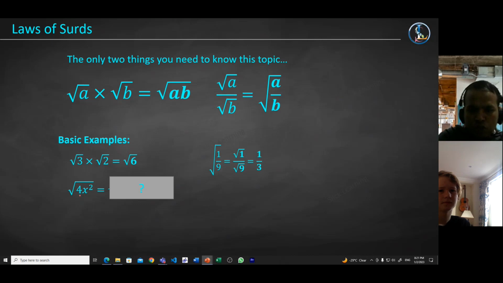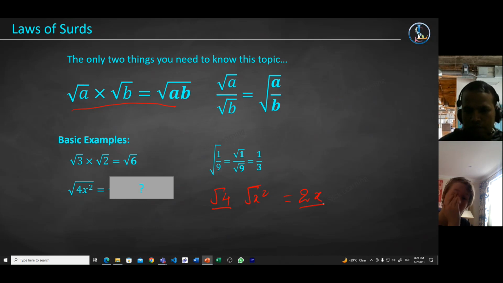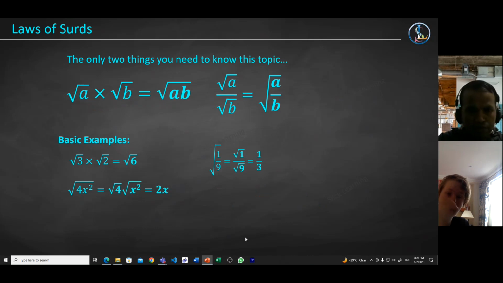If there is a square root of 4 and x squared together, we can separate it into the square root of 4 and the square root of x squared, from this rule. The square root of 4 is 2, and the square root of x squared is x. So we can say it is 2x. Like that, we can write it.